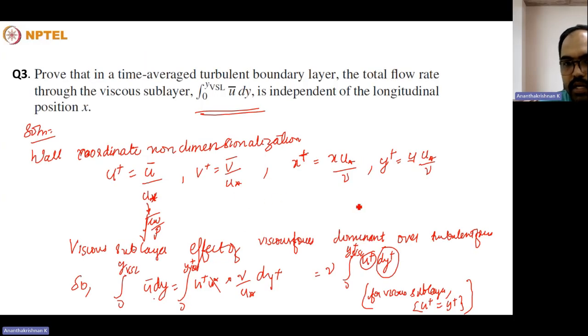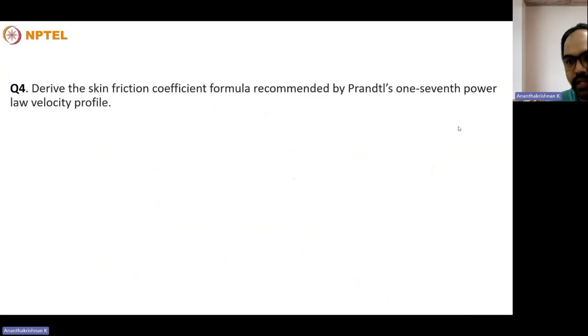So we could see that for the velocity profile which takes a power of 1/7, we can write it specifically straight away. Look into the problem, and I'll also try to solve it in a couple of minutes.